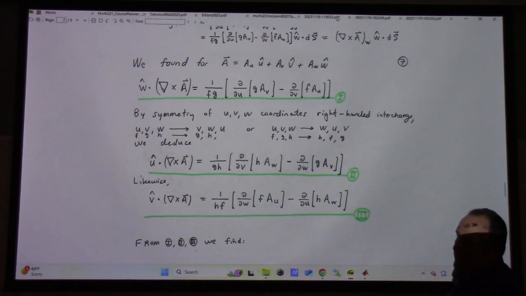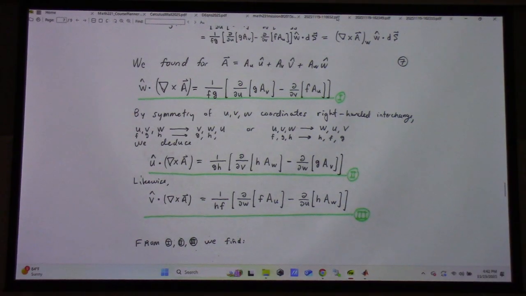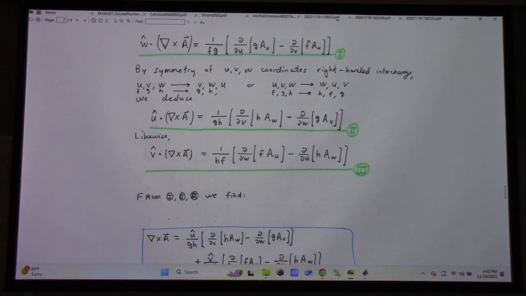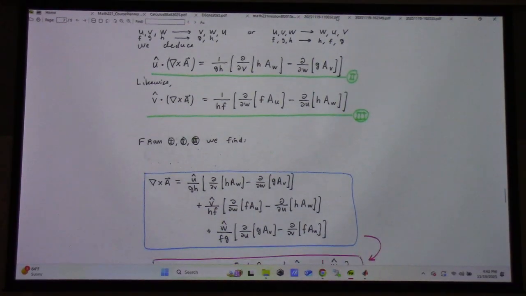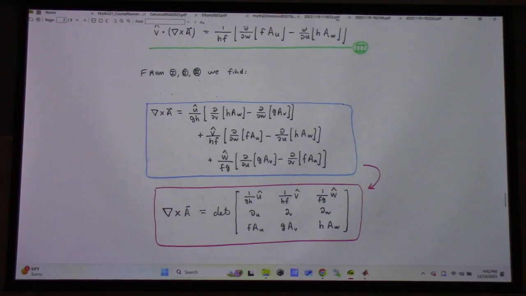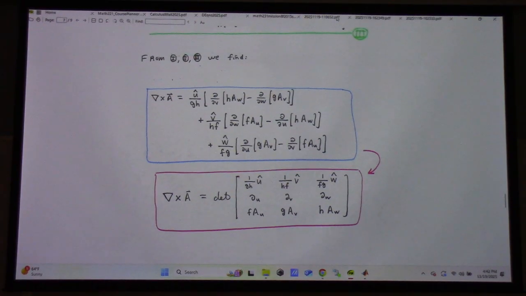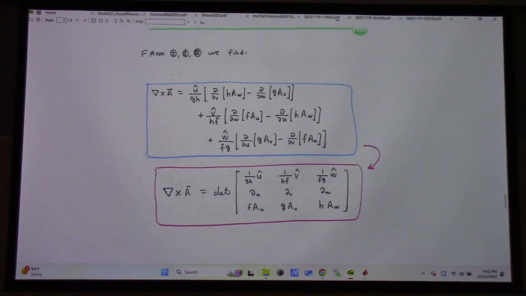So now I've got all three components of the curl, and we can write down the general formula for the curl in terms of uvw coordinates as such, which you can repackage in terms of that handy-dandy determinant formula if you prefer that. Now, of course, it doesn't matter for you guys because you got a formula sheet, so who cares? But in case you wanted to derive it, this is the way.